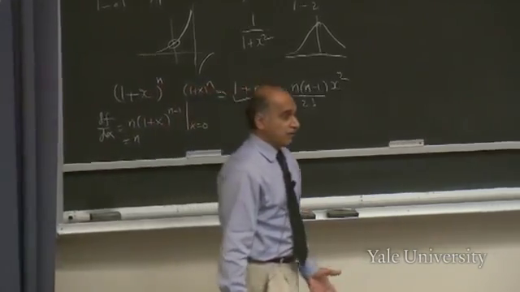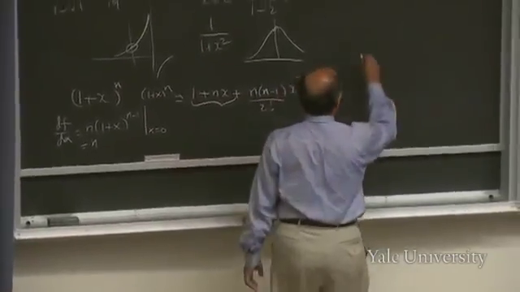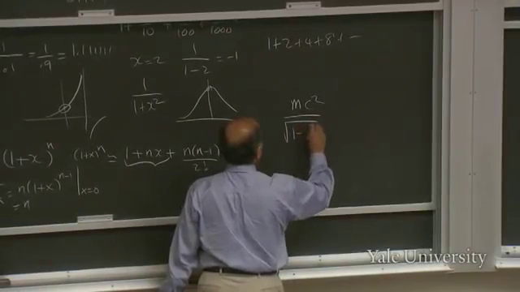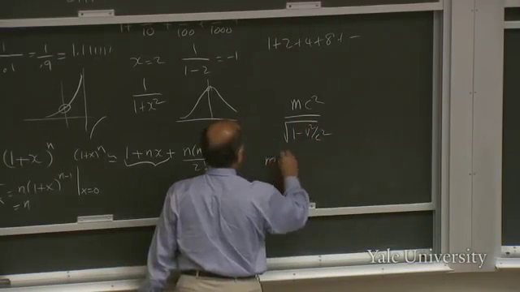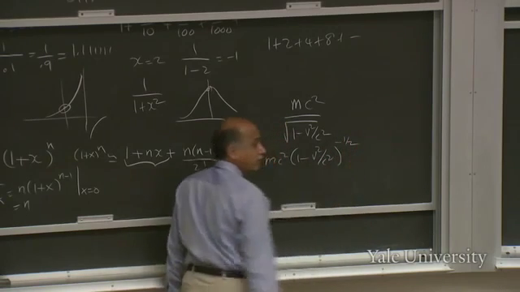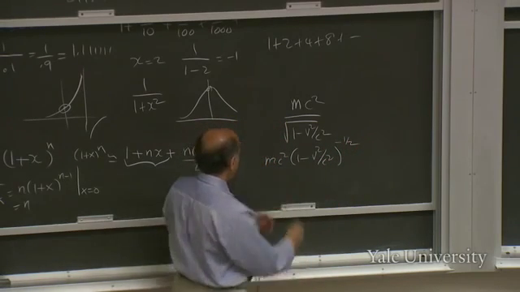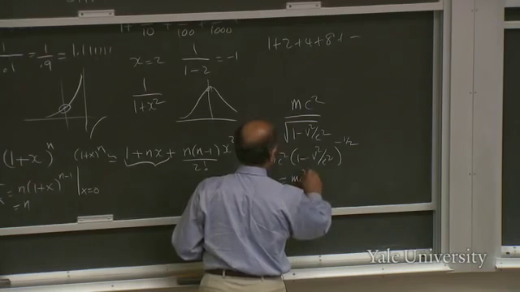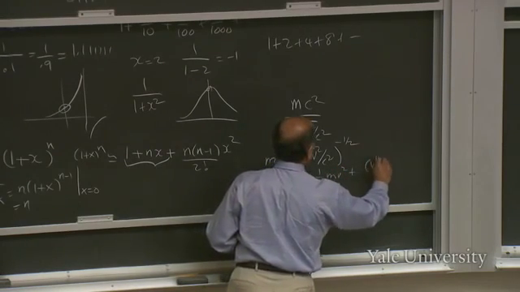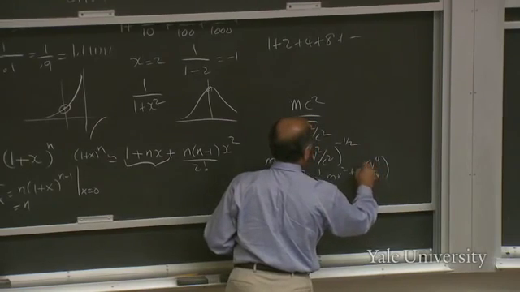In fact, all of relativity we reduced as follows. The energy of a particle is this, which we can write as mc² times (1 - v²/c²)^(-1/2). If you expand this in a power series, you're going to get mc² plus 1/2 mv² plus stuff involving v⁴/c⁴ times c².